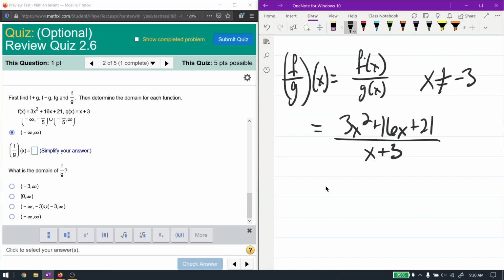Now let's move on. To solve this, we're going to simplify the top by factoring it. Let's see, we have the AC method, 3 times 21, it's going to be 63, over 16. Two numbers that multiply to give 63 and add to give 16. 8 times 8 is 64.